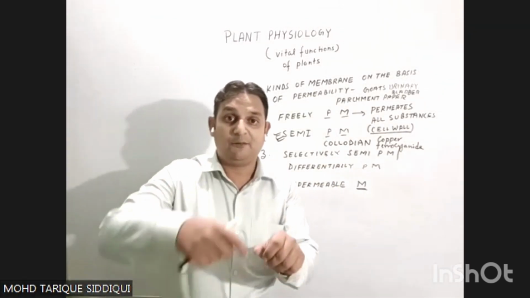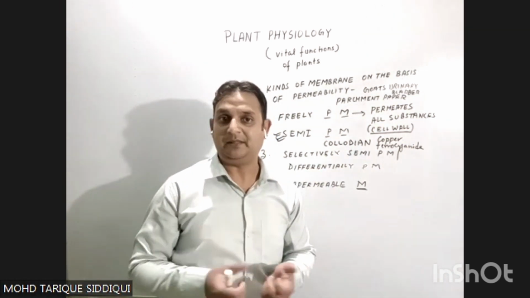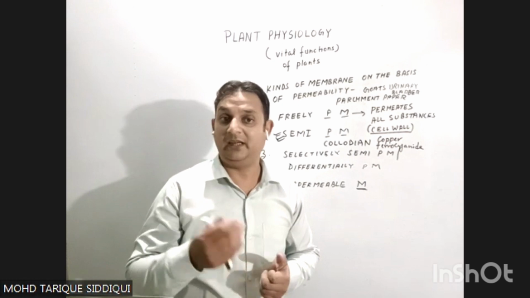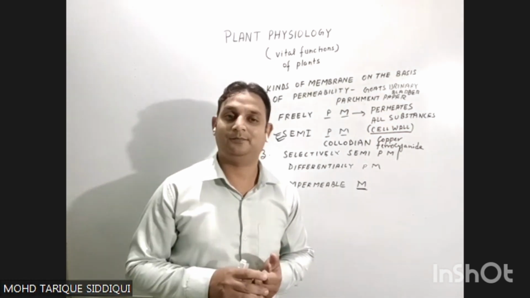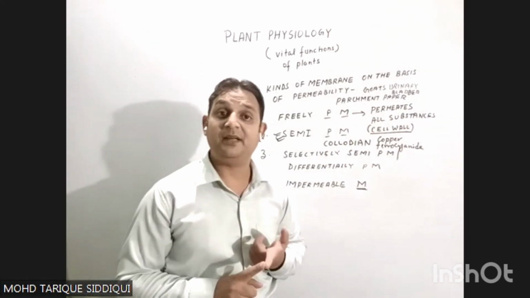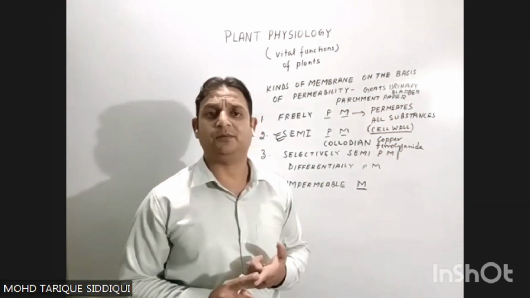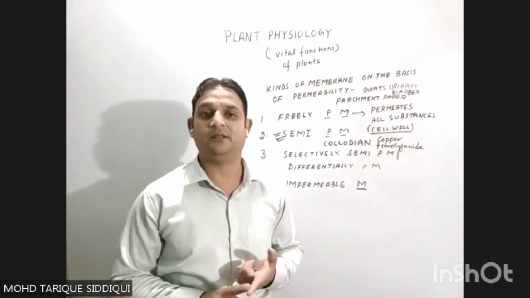In the bottle, if you put the cork cap, what will happen? No substances will go in or out. That is impermeable membrane. It is that membrane which does not allow any substances in and out of the cell.